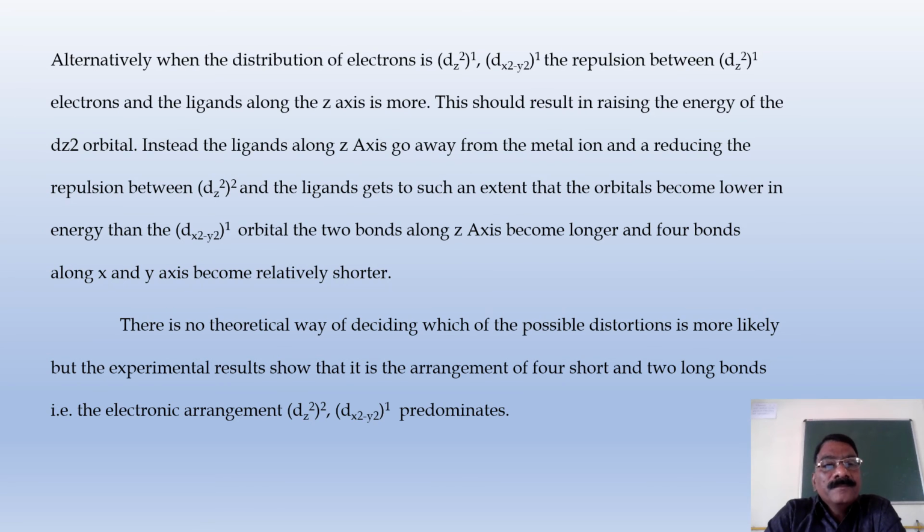There is no theoretical way of deciding which of the possible distortions is more likely, but the experimental results show that the arrangement of 4 short and 2 long bonds, that is the electronic arrangement dz square 2 dx square minus y square 1, predominates.